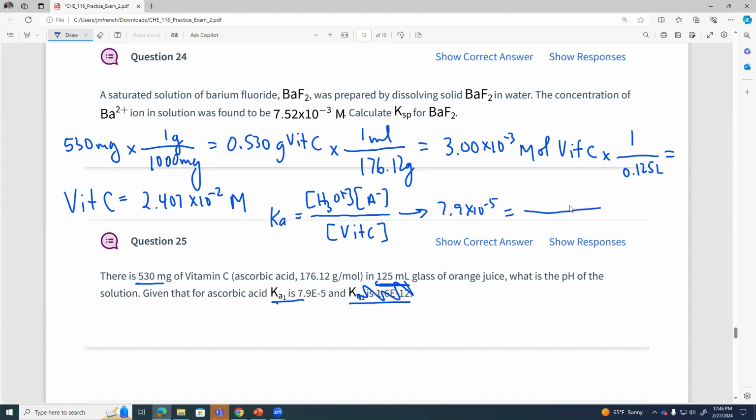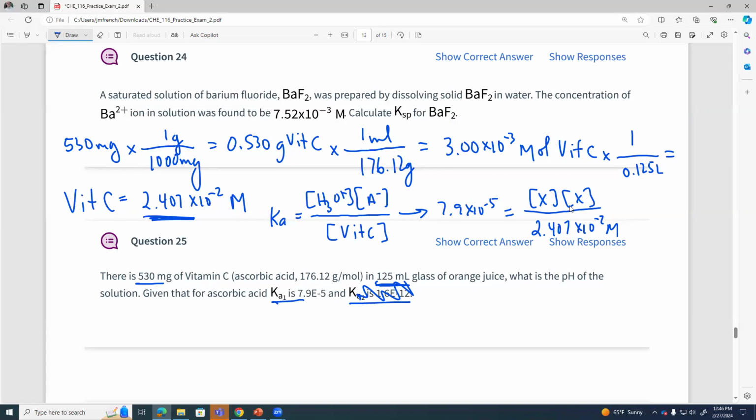We know our concentration, that's what we just found, 2.4 times 10 to the minus 2. What do we do for our hydronium and conjugate base concentration? What do we call those? Yeah, Sarah? Hydronium is x. The conjugate base is x. For all of these weak acid ionizations, it's always going to be 1-to-1. 1 hydronium, 1 conjugate base.